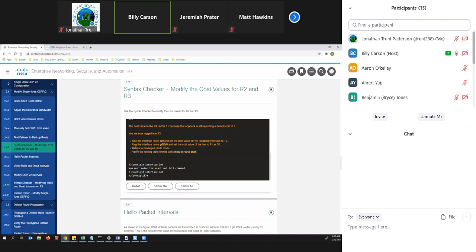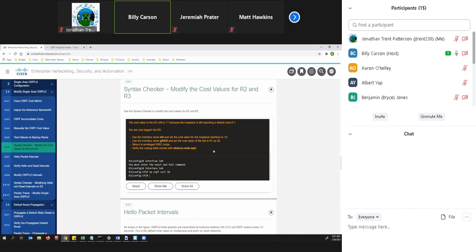And what do we do next here? We're going to set that cost to what? 10. So ip ospf cost 10.